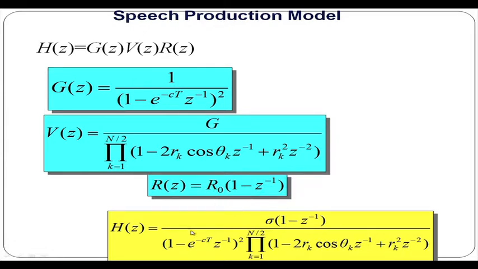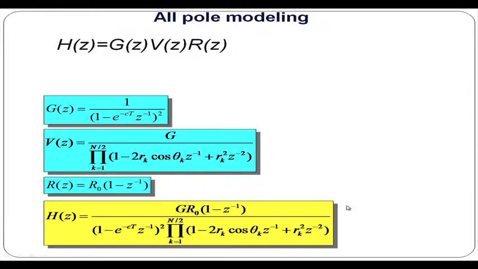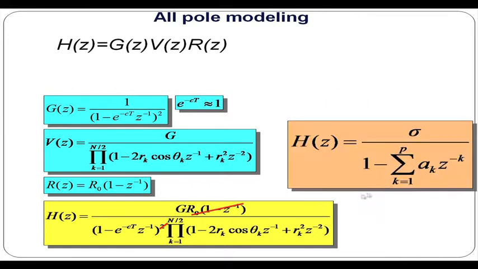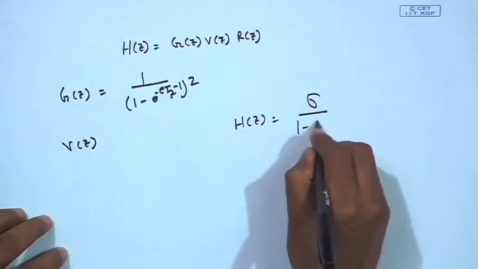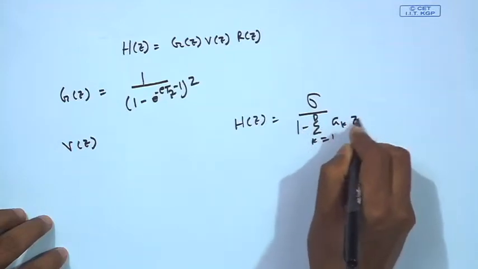Now, if I multiply these to get H(z), if I say that e to the power minus cT is equal to 1, where c is the velocity and T is the time period of the glottal impulse, then the second order term will be cancelled. So, I can see the total H(z) is in the form of an all-pole model. So, H(z) I can express as an all-pole model: 1 over (1 minus the sum for k equal to 1 to p of a_k z to the power minus k).